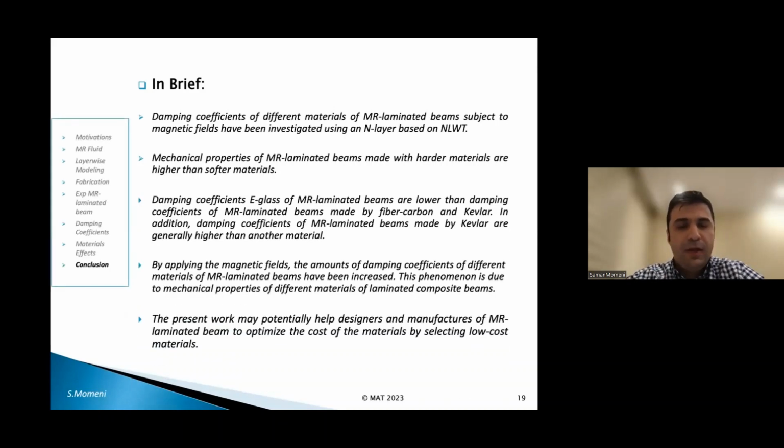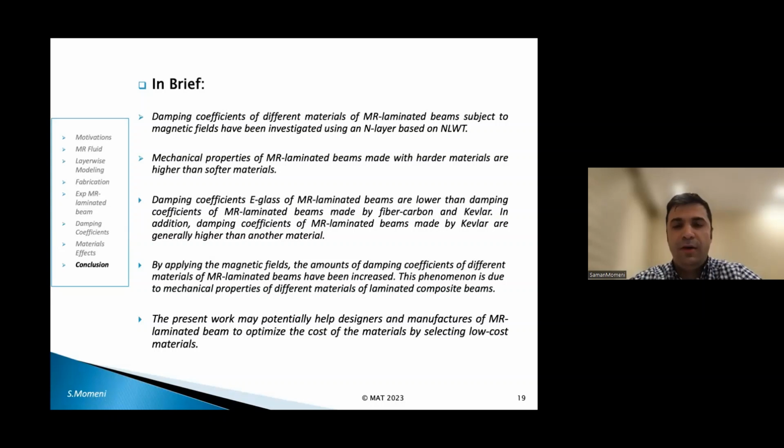Totally, in this presentation and in this formula, the damping coefficient of different materials of MR laminated beams subject to magnetic fields has been investigated based on the N layer of the layer-wise theory, and the mechanical properties of MR laminated beams made with harder materials are higher than softer materials.